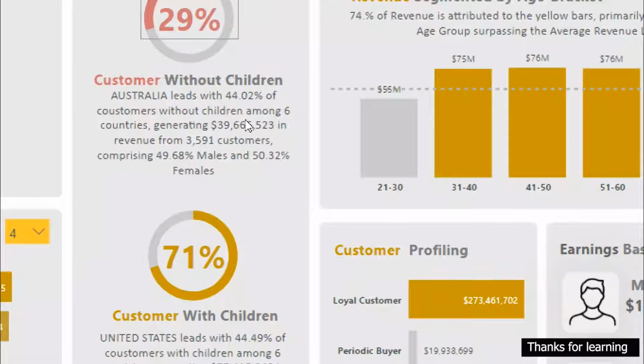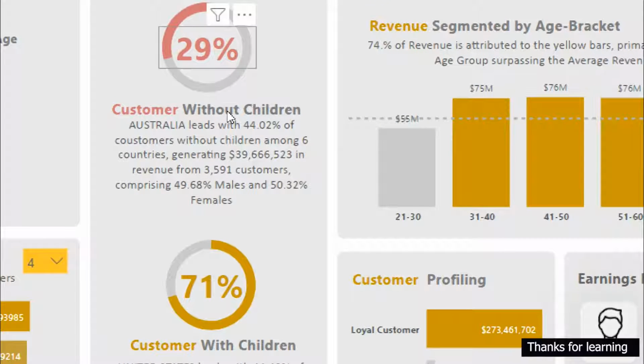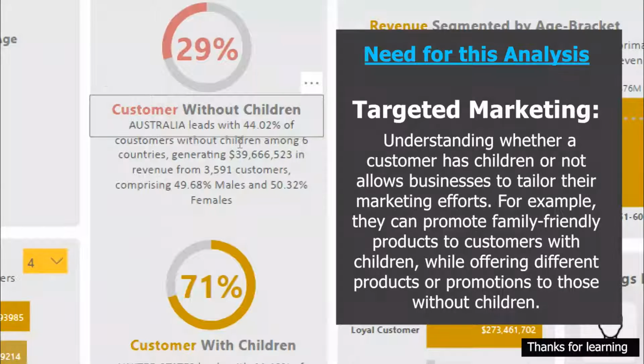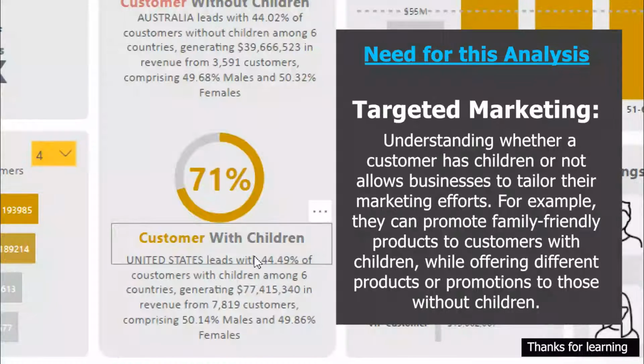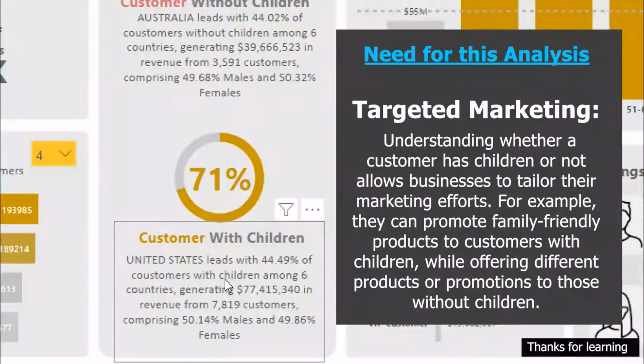To get started over here, we have this chart that is showing the percentage of customers with children that are buying from us. And below we have this one, which is the customers with children that are buying from us. We want to see what is the top country that leads with customers with children, how much they've contributed to revenue, and the percentage of male and female in this country.